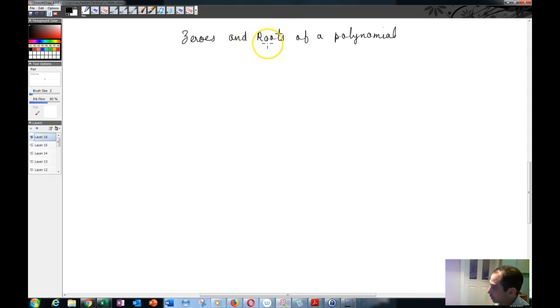The word root is usually used in case of an equation. Now that equation could come actually from anywhere. It could come from a polynomial or any other situation for that matter.